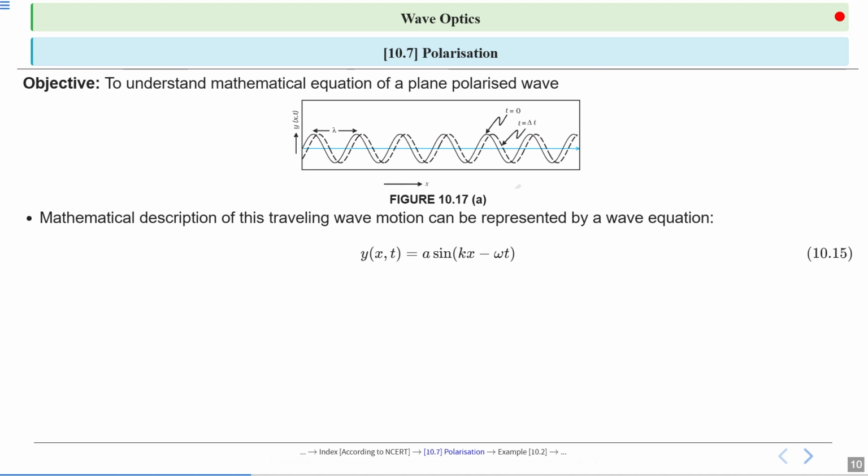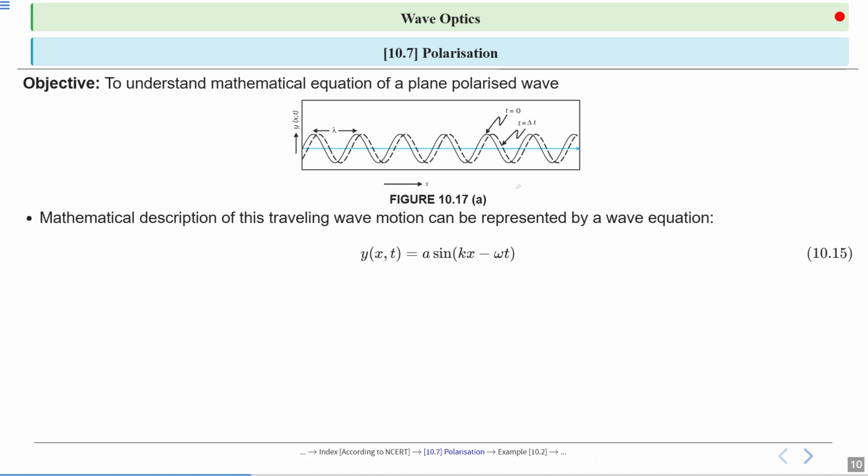Its equation is y = a sin(kx − ωt). So kx is the factor representing the position, and ωt is the time dependence. In this equation, y represents the displacement of the wave at position x and time t.